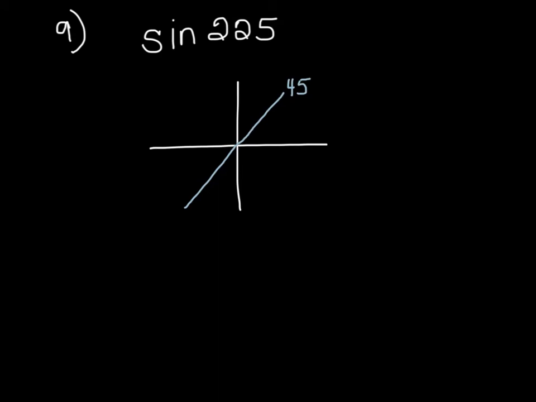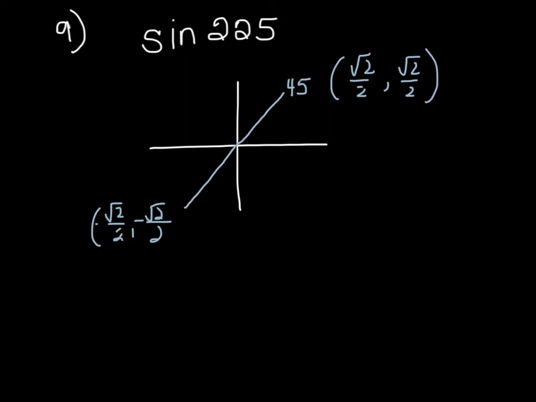We refer to 45, and I know the coordinates for 45 are square root of 2 over 2, square root of 2 over 2, which means down in the third quadrant, we'll have that coordinate, but they will both be negative. Yes, you will get a unit circle to use on the test tomorrow. So if we want sine, we just want the y value, which means negative square root 2 over 2 would be the answer.